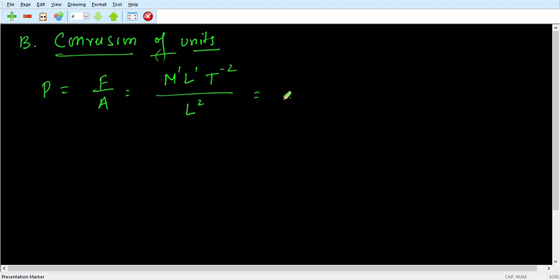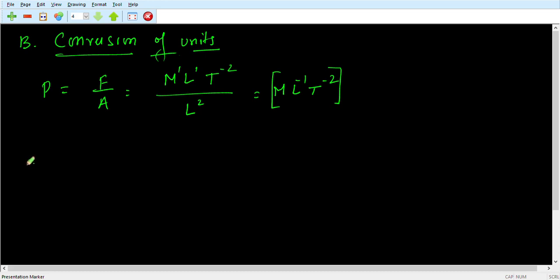So the dimensional formula of pressure will be M L to the power minus 1, T to the power minus 2. With the help of this dimensional formula of pressure, we can convert the SI unit of pressure, or we can make a relationship between SI unit and CGS unit.